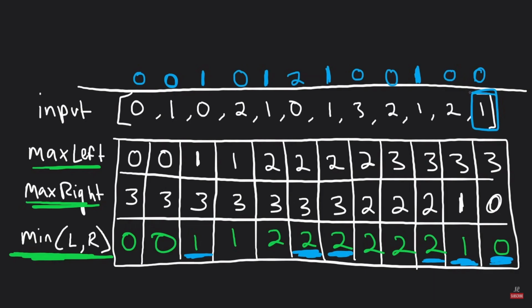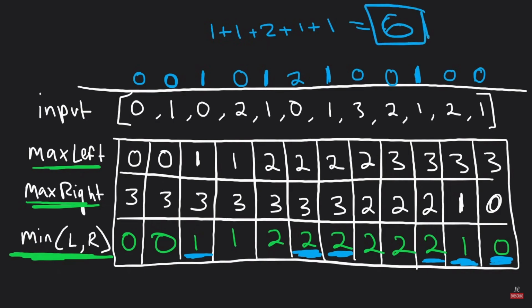Why would we be able to trap water here when there's no right boundary? But okay, so we have all of our values. We take 1 plus 1 plus 2 plus 1 plus 1, and we get exactly what we expected, right? We get a 6. We can trap 6 units of water here. So this is the solution taking extra linear memory.